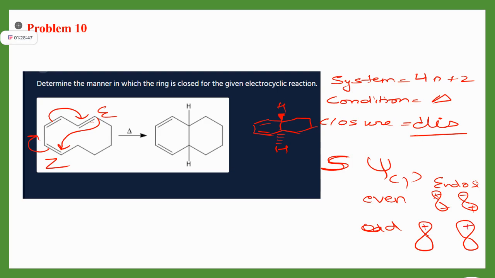For this type of system, for constructive overlap, it has to go under conrotation. And for this type of system to have constructive overlap, they should undergo disrotation. Okay. So this was the take-home message from today's session.